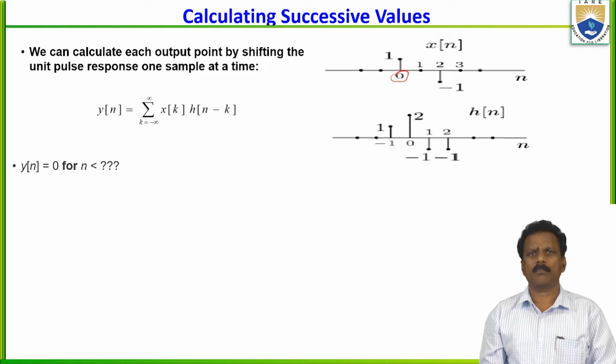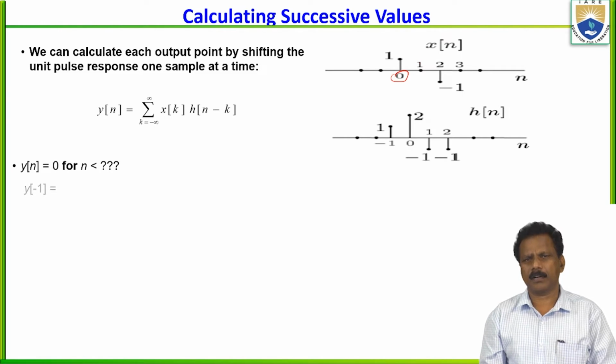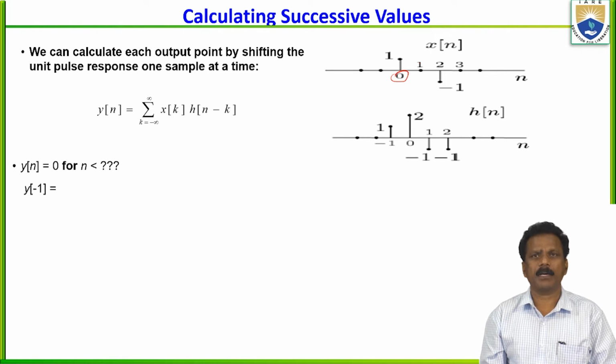Now for y of n equal to 0, see how it varies after that. We can easily calculate y of minus 1, after that y of 0 and so on, y of 1, y of 2, y of 3 and so on.